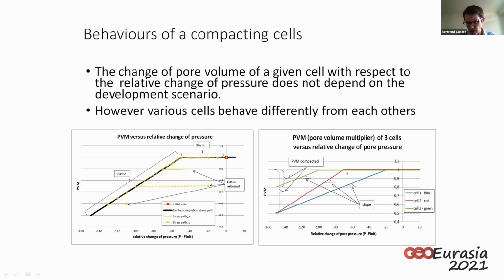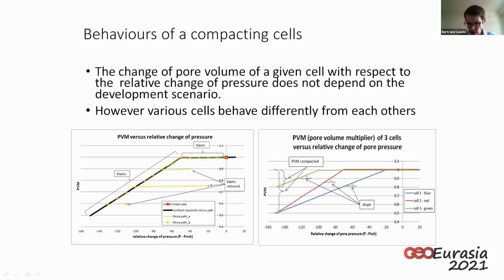If we consider another cell, cell 2 in red, this cell will fundamentally compact after experiencing pore collapse after, let's say, 70 bars of depletion. It will compact at a much faster pace than cells 1 and 3. Okay, the slope is much steeper.